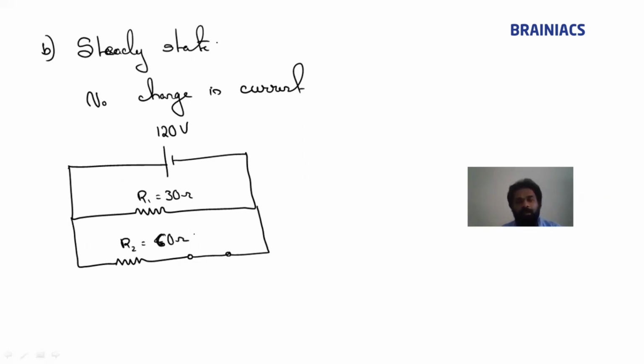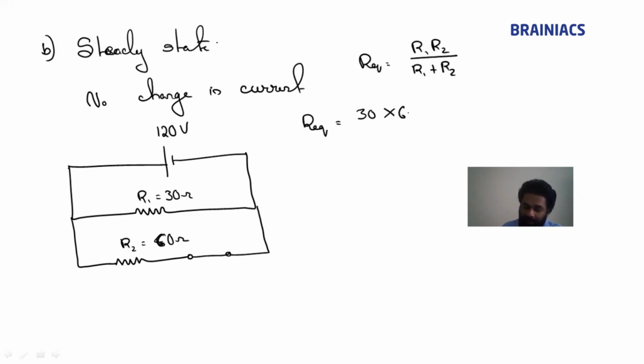This is a simple resistance circuit. To find the current, first we will find R equivalent. R equivalent is R1 R2 divided by R1 plus R2 because they are in parallel. So 30 into 60 divided by 30 plus 60.